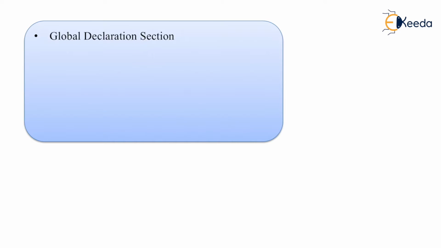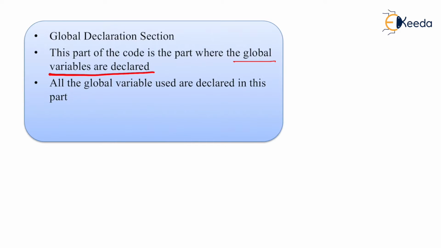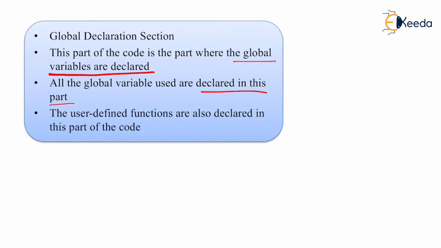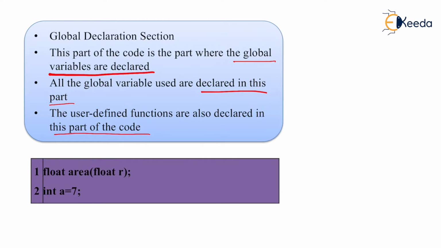Next is global declaration. In this, the code defines the global variables which can be accessed from any part of your code. All the global variables used are declared in this part. The user-defined functions are also declared in this part of the code. For example, float area(float r).